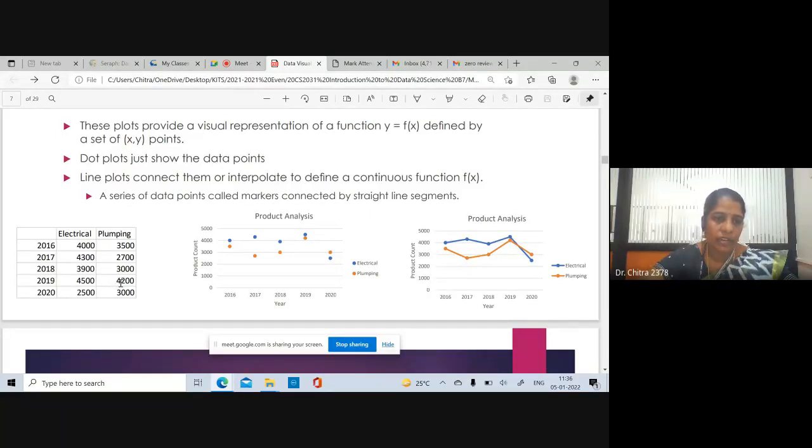We can identify that from the table also, but from the graph it's easy to see that in 2019 electrical fittings are sold better than plumbing, but almost the same. But in the year 2020, plumbing things are sold more compared to electrical things. So from the line graph, it's easy for us.